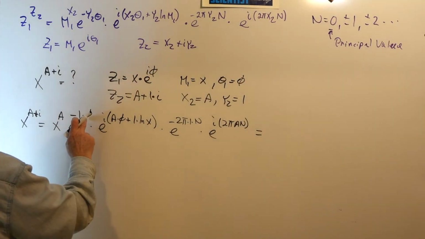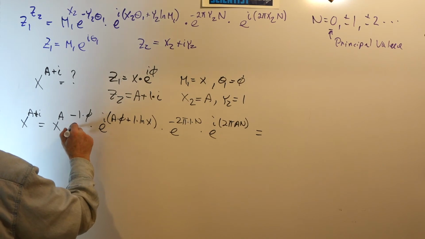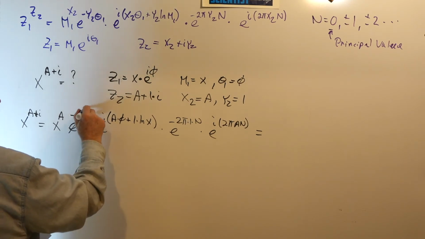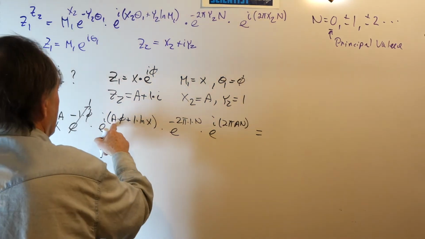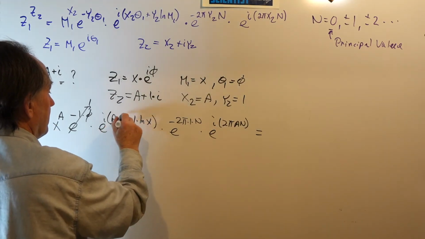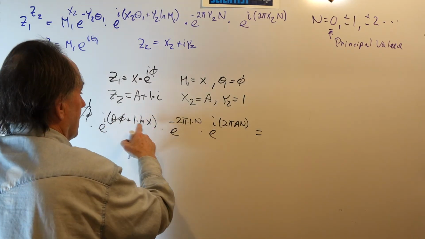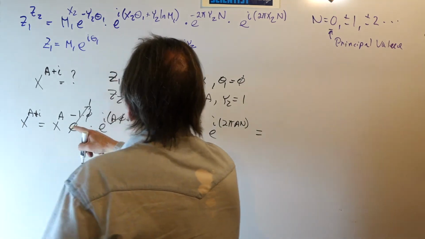We can simplify. e to the minus 1 times 0 is e to the 0, so this just becomes 1. a times 0 is 0. And we can now combine.